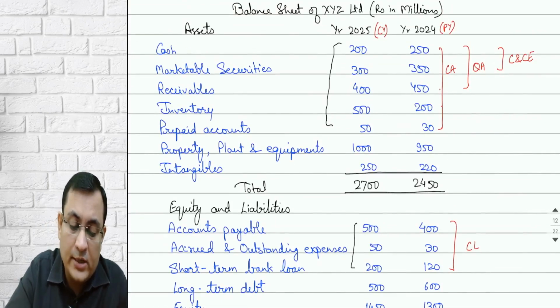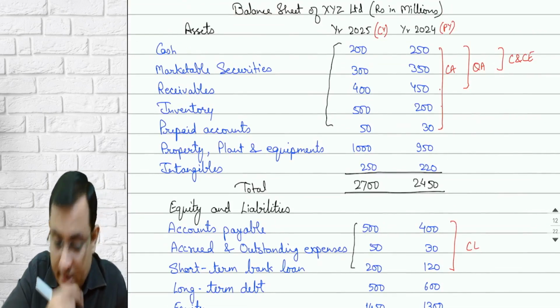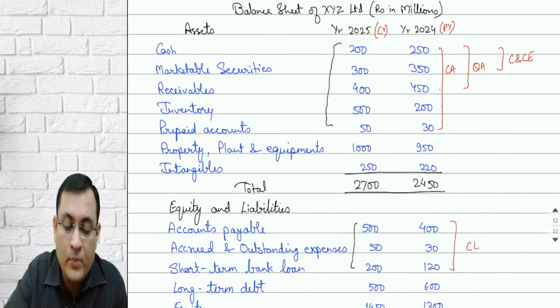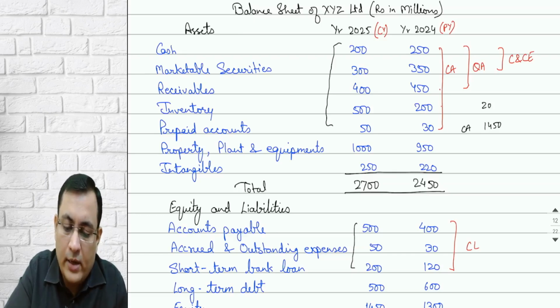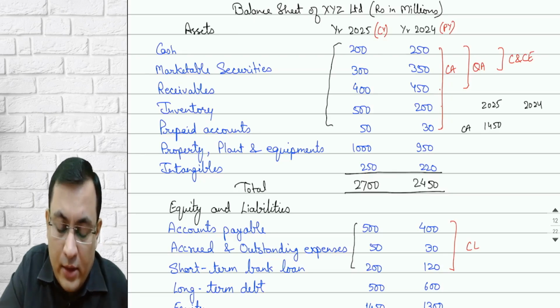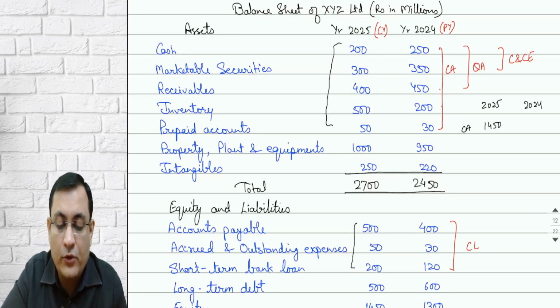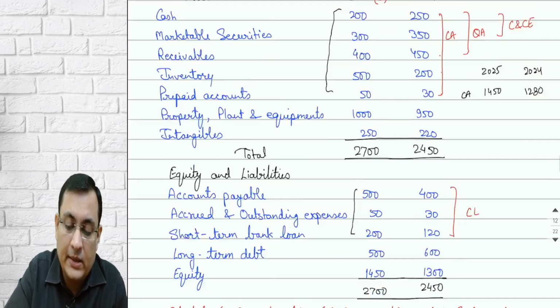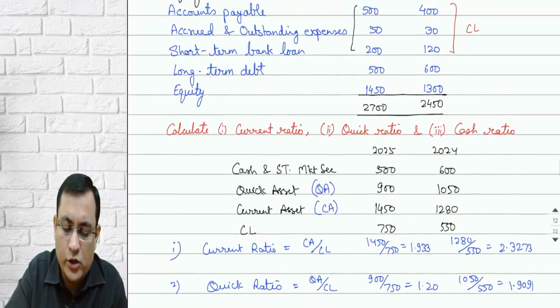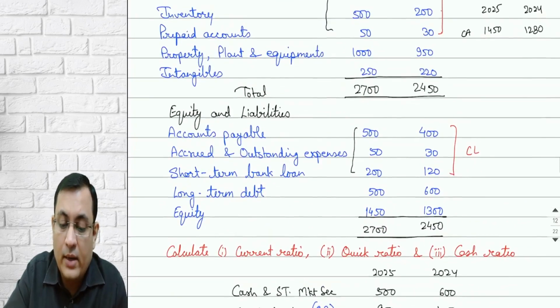The first one is 200 plus 300 plus 400 is 900 plus 500, 1450 current assets for year 2025. And for 2024, the value of current asset was 250 plus 350, 600 plus 450, 1050 plus 200, 1250, 1280. I think these numbers we have used in current ratio also. 1450, 1280, correct number.